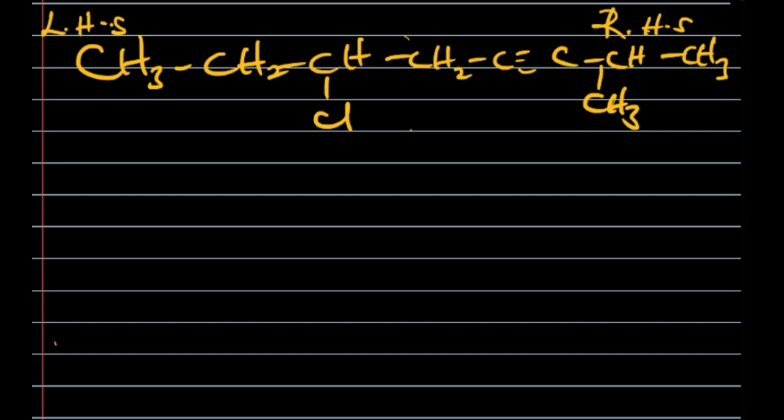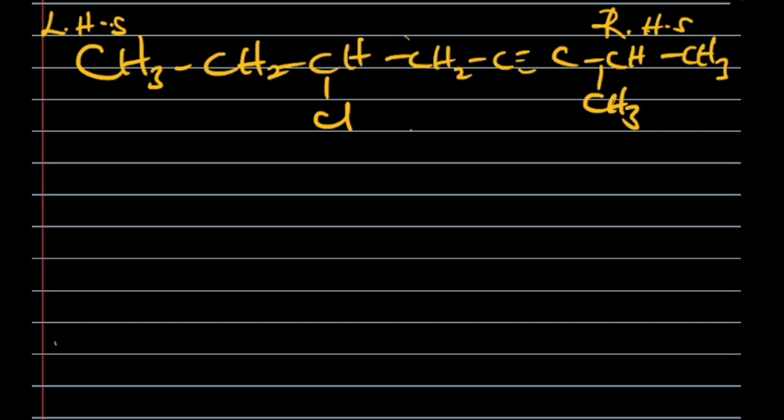Now, from the left hand side, let's consider the naming. You can say we have 3-chloro-7-methyloct-5-yne.